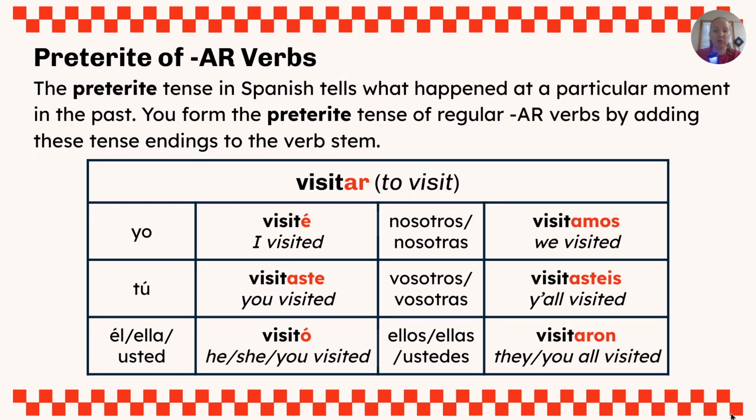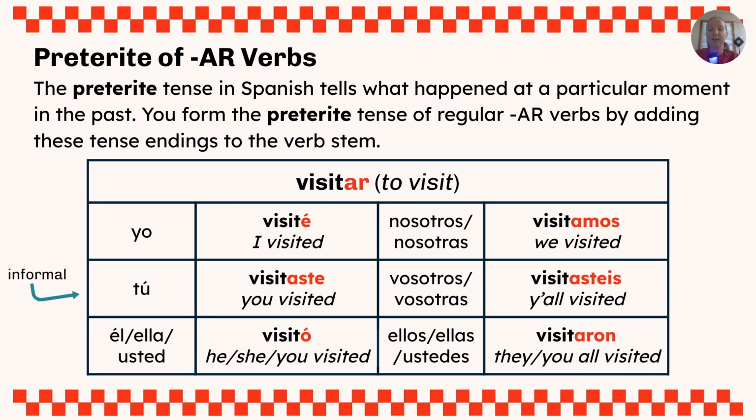In the vosotros or vosotras form, we have visitasteis, y'all visited. Remember, this vosotros form is only used in Spain. In the ellos, ellas, and ustedes forms, our verb ending is aron, visitaron, they or you all visited.